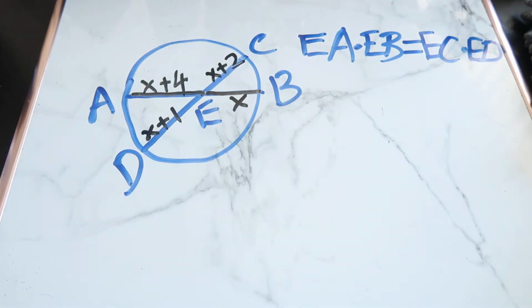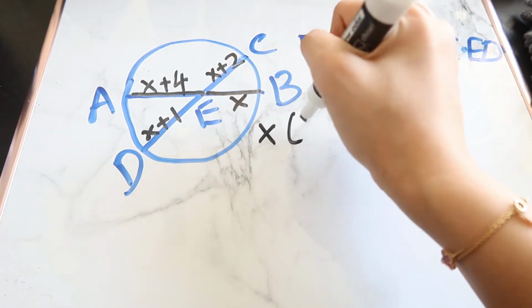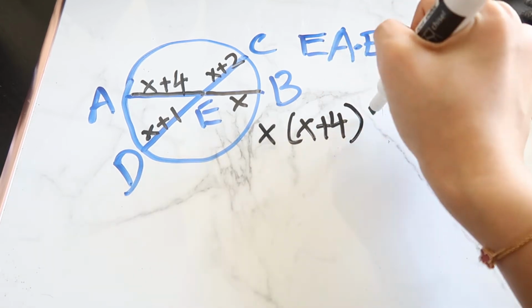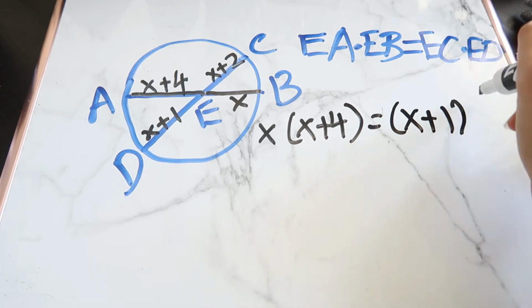The key for this theorem is that you always have to multiply whatever is on the same segment. So if we start with AB, X and X plus 4 will be on the same side, so that'll be X times X plus 4, equals X plus 1 times X plus 2.